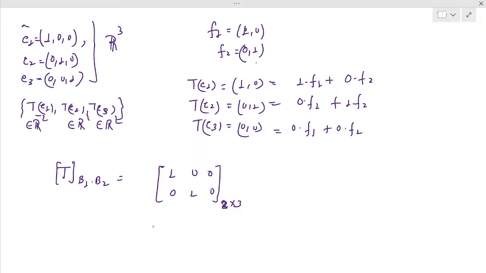Is everybody following it or not? So let's say this is a 2 cross 3 matrix. If I multiply it with f1, f2, what should I say?